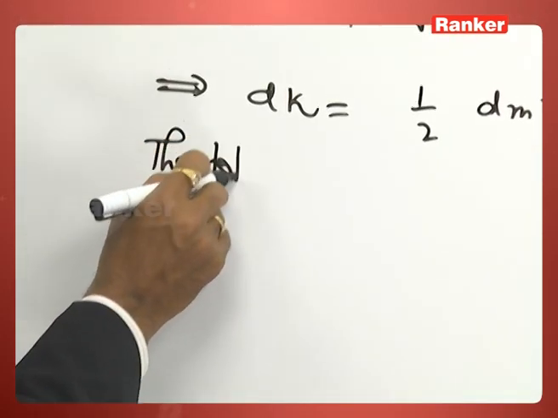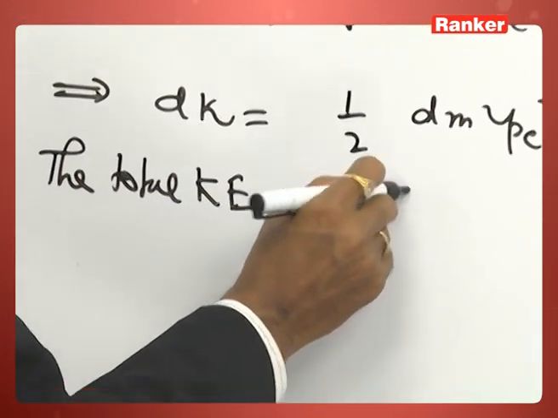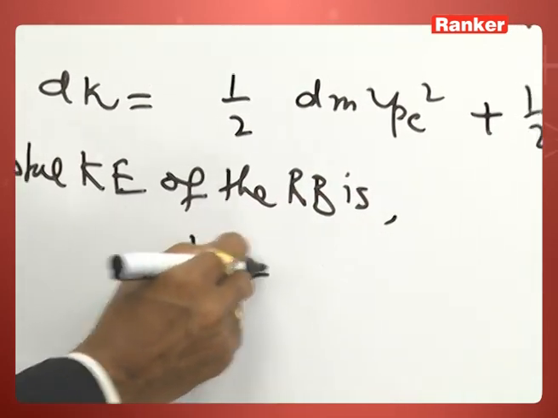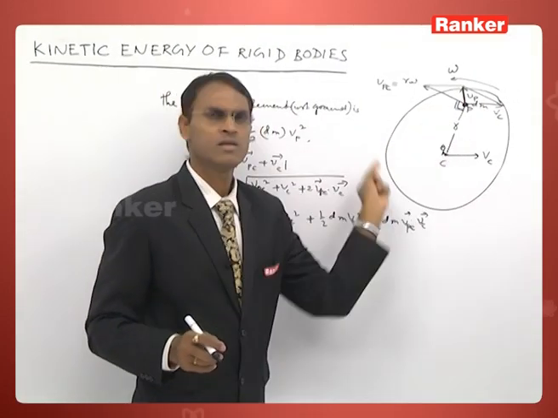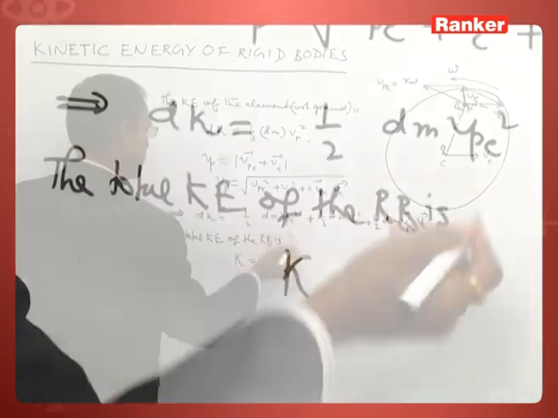The total kinetic energy of the rigid body is obtained by integrating the kinetic energy of all the small segments, the integration of dK.